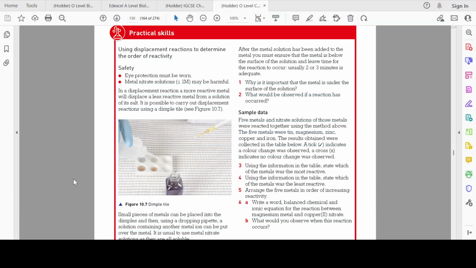Now if I take you to the book, there is a practical which I'd like to go over. Practical meaning an experimental setup for displacement reactions.